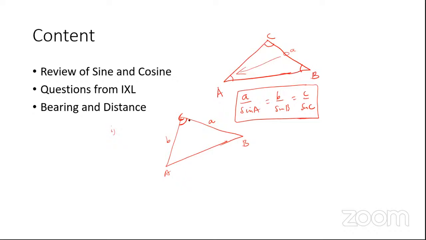The second case is where all the 3 sides have been given. In such a case, we can apply the cosine rule. So that is how we can apply the sine and the cosine rule.